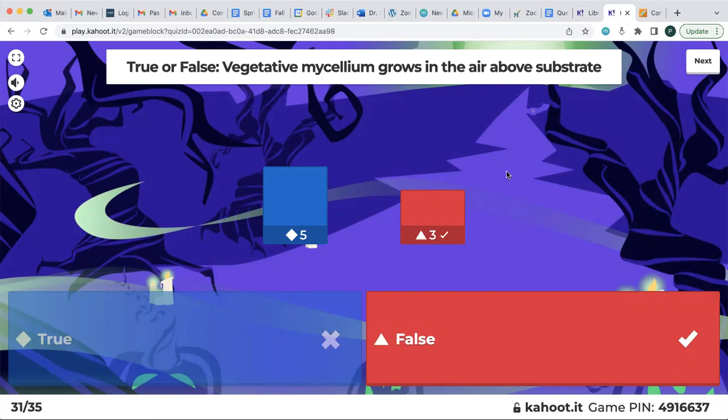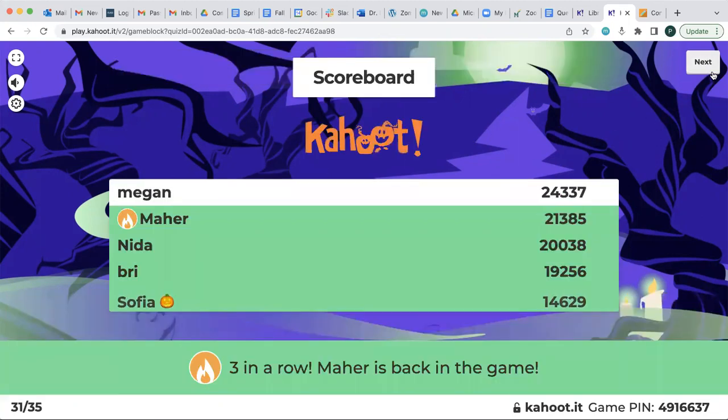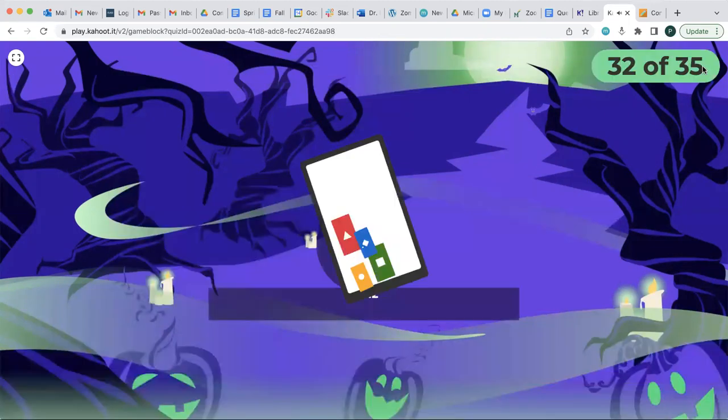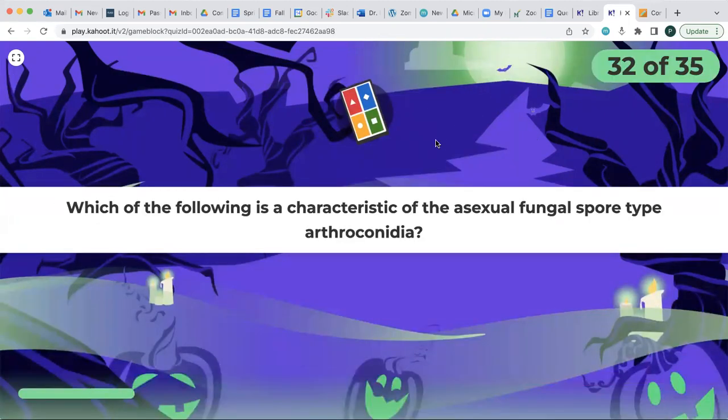All right, this is why I have notes next to me. Isn't it aerial? Thank you. Yes, it is 100%. So aerial mycelium grows in the air above the substrate. It can produce spores. Vegetative mycelium grows on the fungus, not in the air above it. Thank you, whoever said that. I don't have my notes open to fungus.